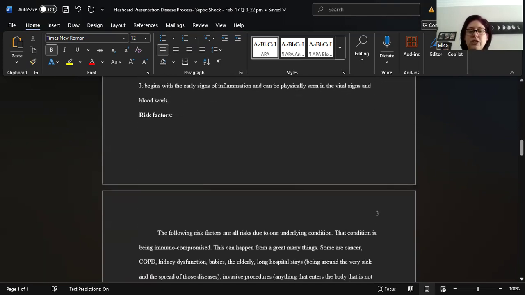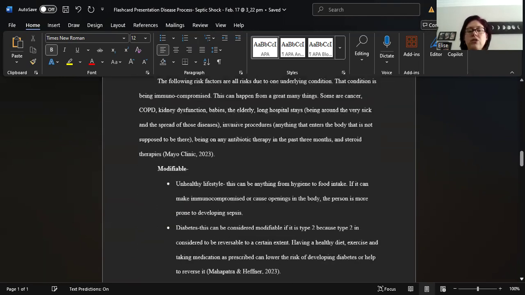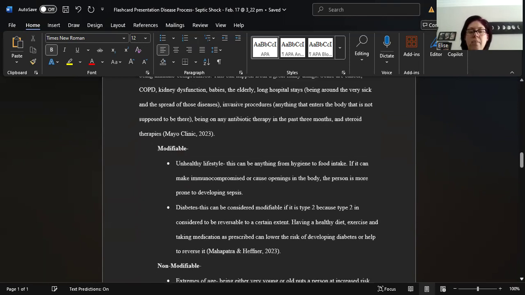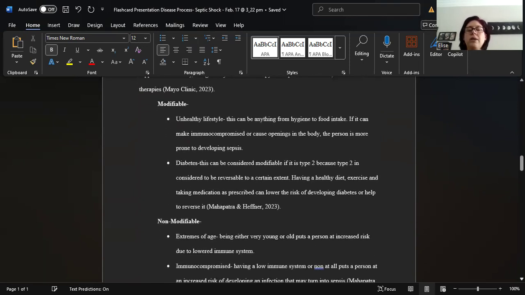Risk factors, there's two types, so modifiable and non-modifiable. Modifiable would be having an unhealthy lifestyle. So this could be anything from hygiene or the type of food that you consume.